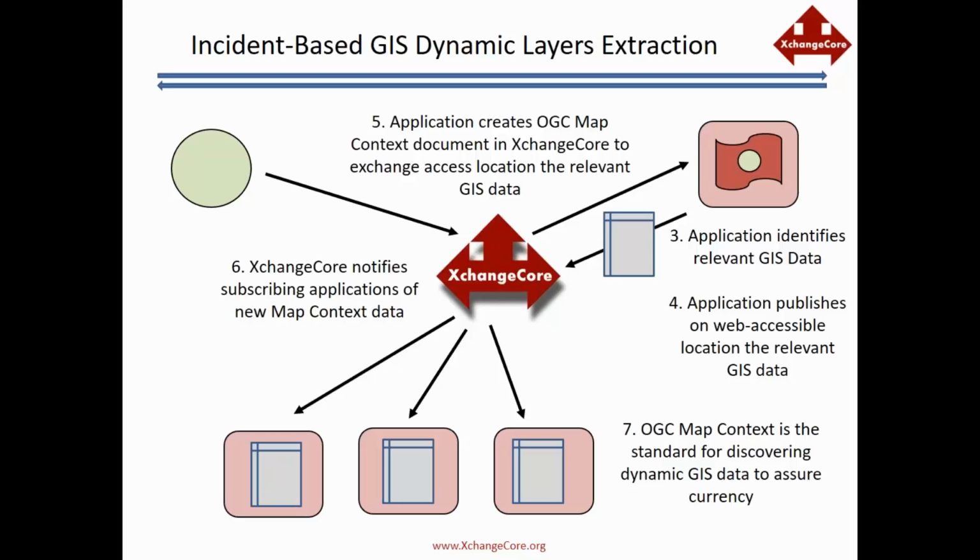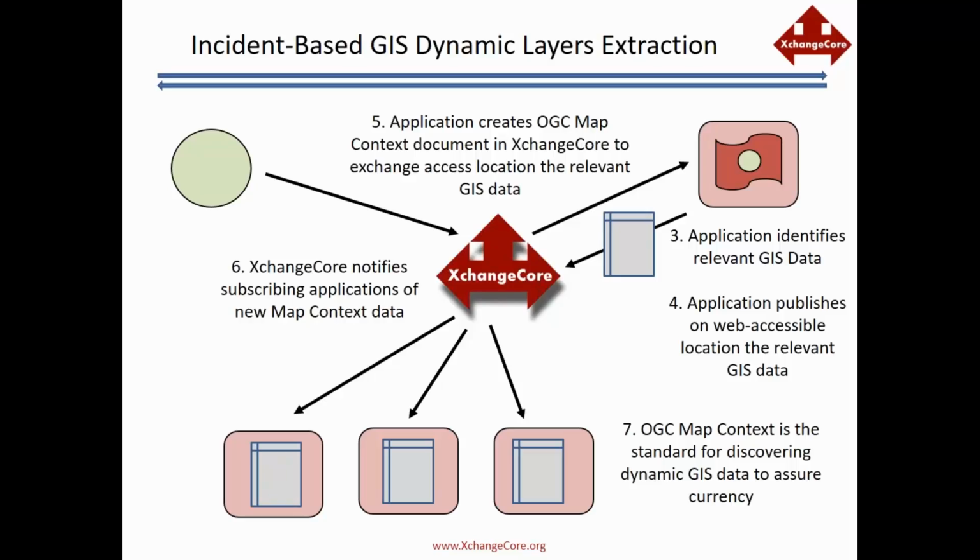And it does that by publishing access to that GIS data, not moving the data, saying here's a nursing home at this latitude and longitude, as we did in the earlier example. It's saying here is the access to this actual GIS data that is sitting on my GIS server. Obviously, you've got permissions. You need to know who your recipients are, but that's all taken care of with what we're going to talk about now.